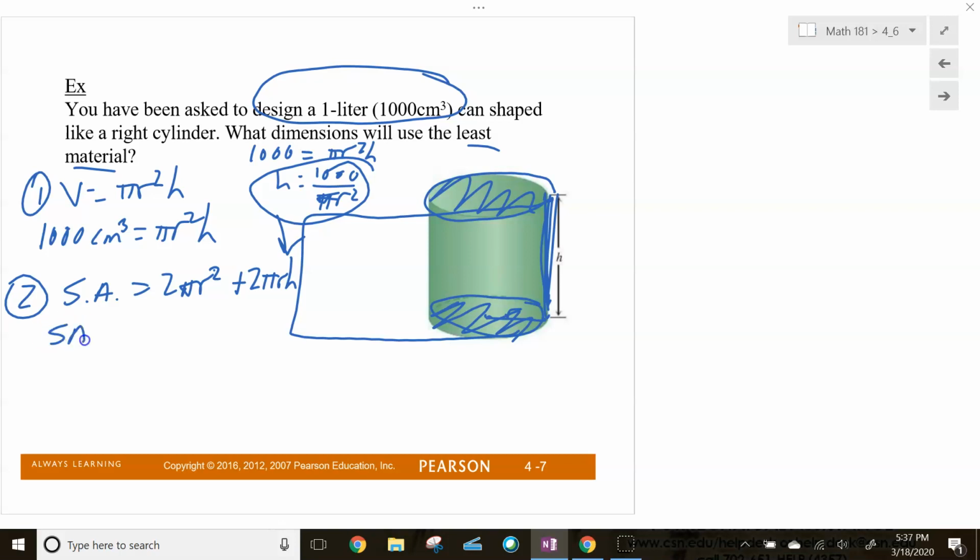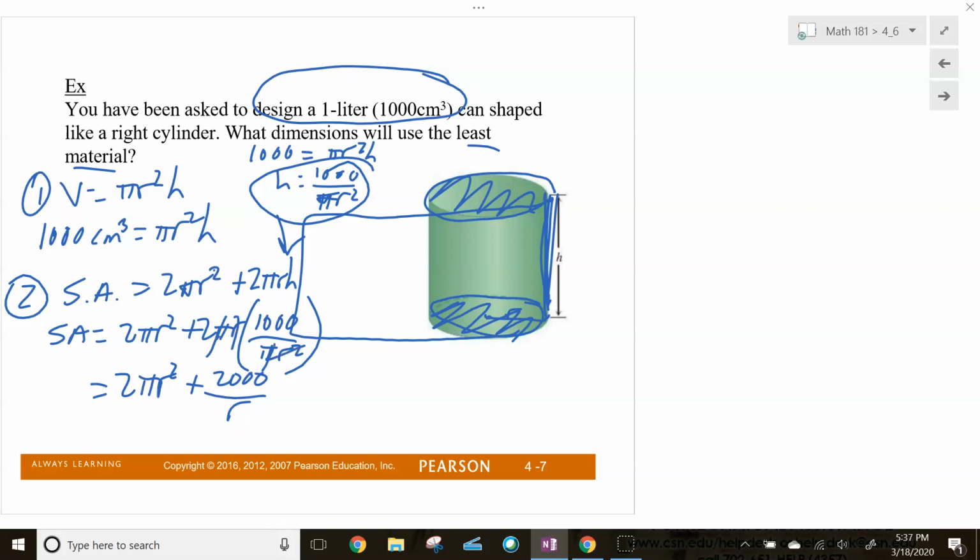The surface area becomes 2 pi r squared plus 2 pi r times 1,000 divided by pi r squared. That cancels, that cancels, that cancels, leaving one of those r's. 2 times 1,000 is 2,000.